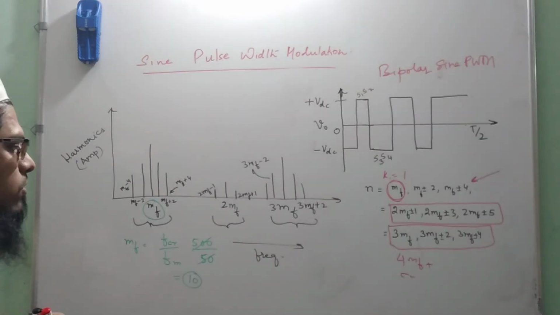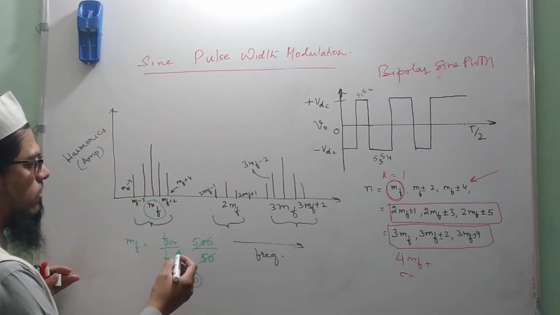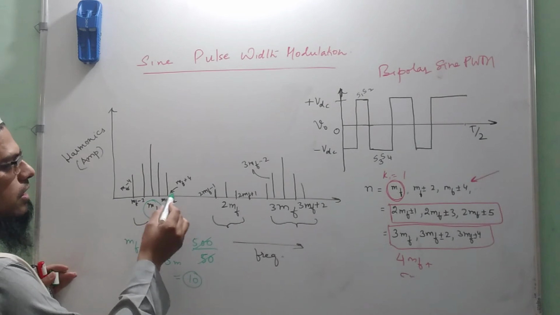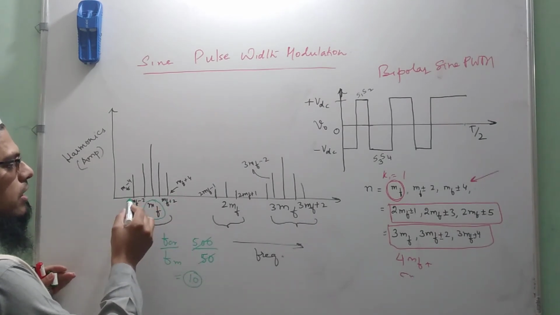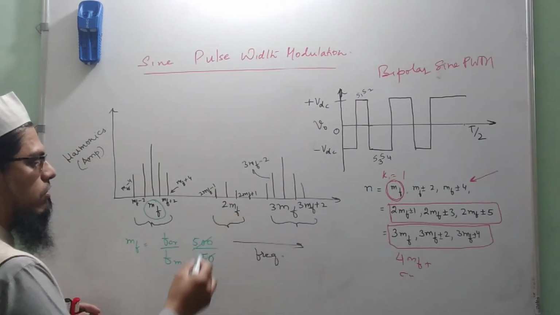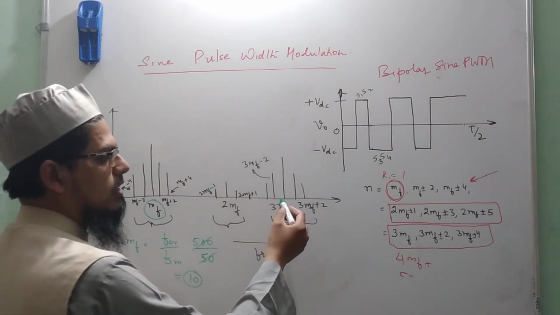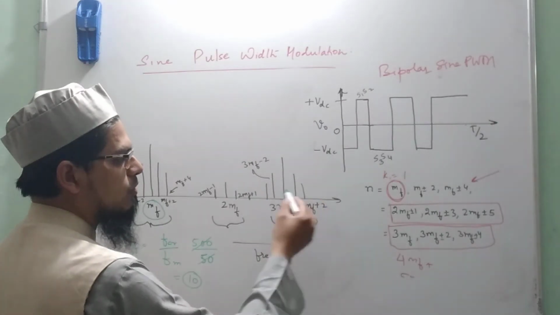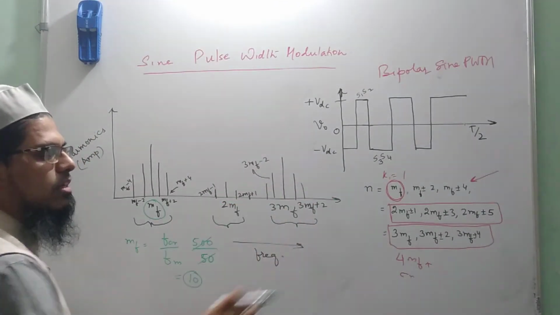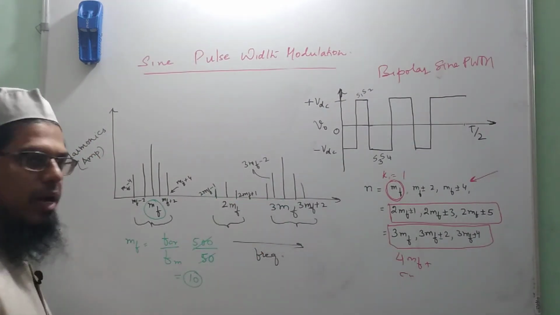So the 10th harmonic, then 12 and 8, then 10 plus 4 is 14 and 10 minus 4 is 6, and similarly twice MF will give you 20, so 21 and 19, then 30, 32 and 28. There would be other harmonics according to this table. So they are basically occurring in bands.